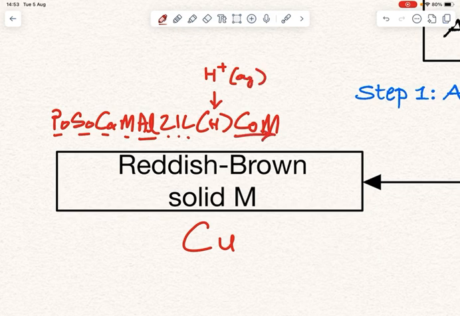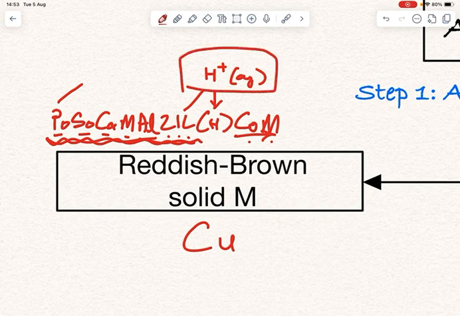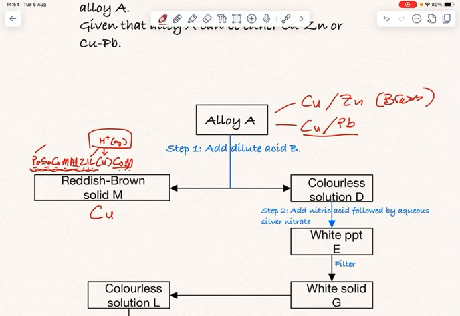Anything below here has no reaction with acid: copper, mercury, gold, platinum. You can dip tons of it into acid and it will just ignore the acid. But the reactive metals, from potassium all the way to lead, will dissolve in the acid.